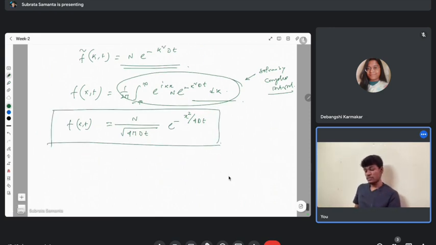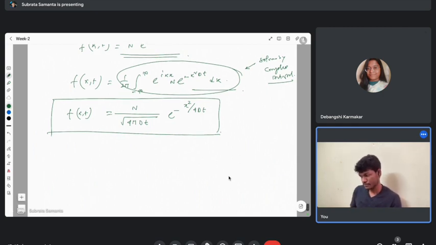You have to try solving this integration, and if not done, then I can do it in the next class. Okay, so this point is clear, right? This is the distribution for this diffusion equation.